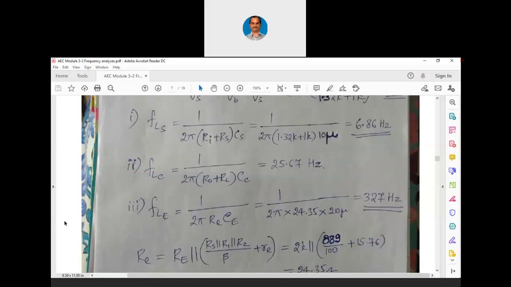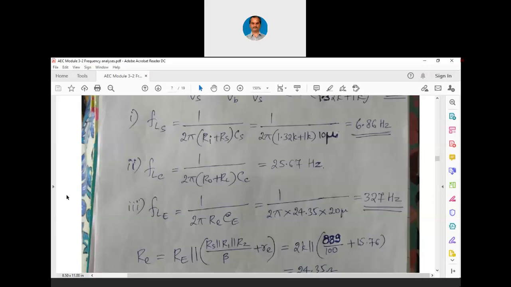Now, even in this case, the emitter capacitance itself is the dominant capacitance. Why? Starting from 0, we are rising up in that low frequency curve. Initially, we will come across 6.86 Hz, then we will come across 25.67 Hz, then we will come across 327 Hz. That means we are coming to a point where the gain is 3 dB less than the maximum gain.